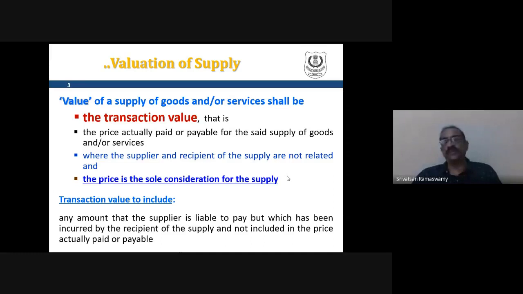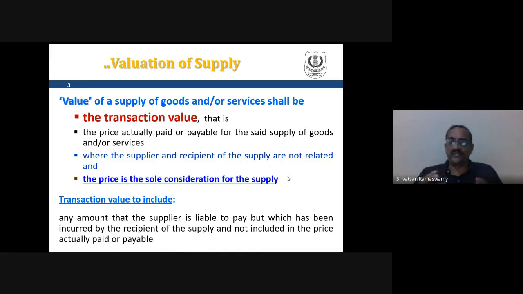We cannot construe it like that, because you have to understand that GST is a tax which is imposed not on payment basis, but on accrual basis. That is why the words paid or payable are present here. So even according to the agreement or contract, if there is a liability to pay a particular consideration, it becomes transaction value. It is the price actually paid or payable for the said supply of goods and services.